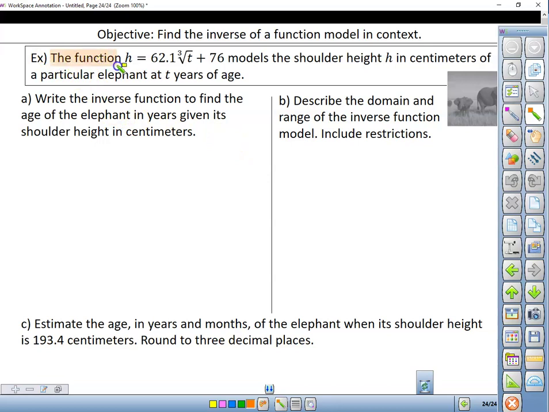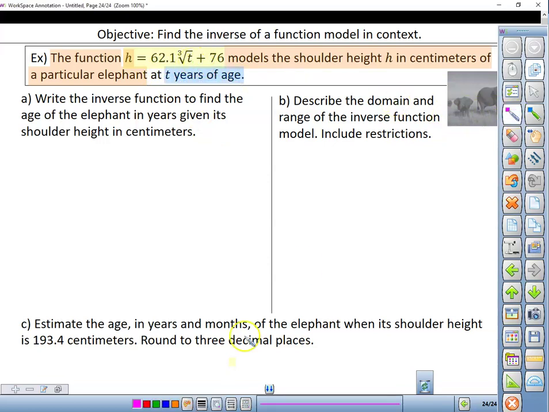So the function, that's our h, models the shoulder height in centimeters of a particular elephant. This is our function, of course, here. And the h is our shoulder height. And our t is defined as years of age of the elephant.